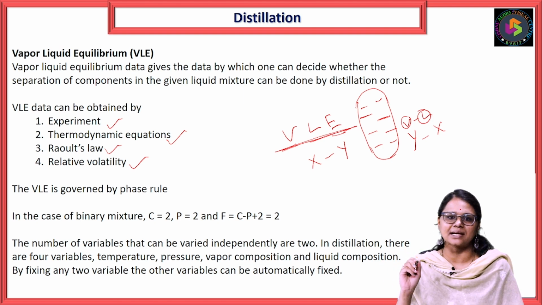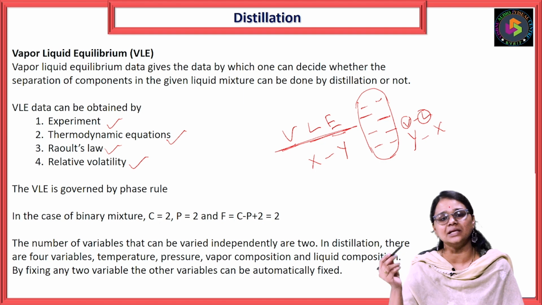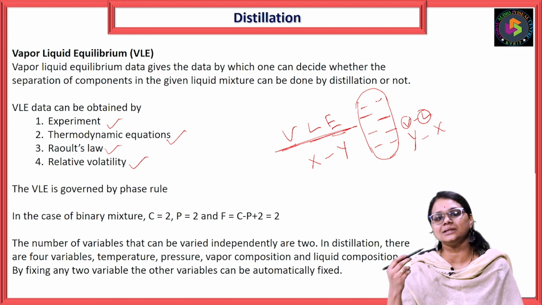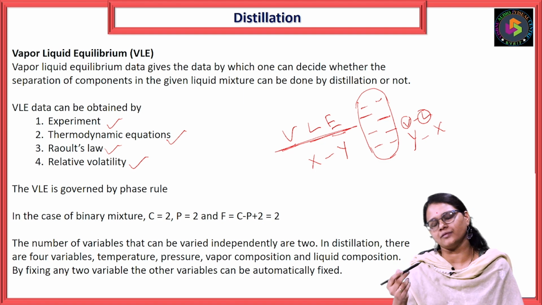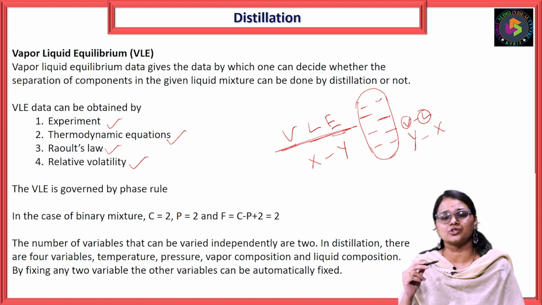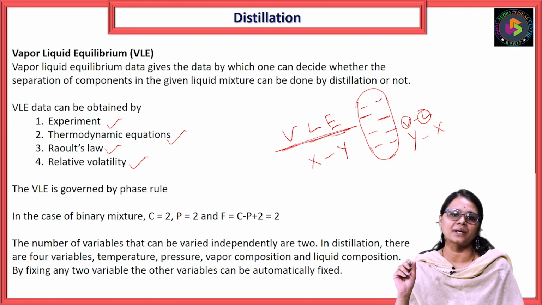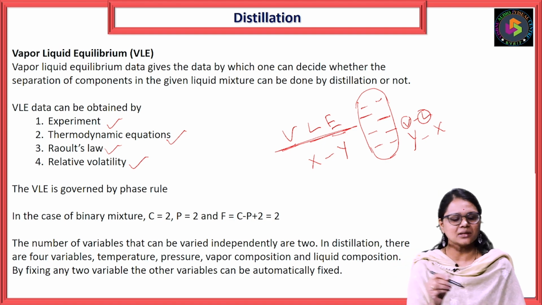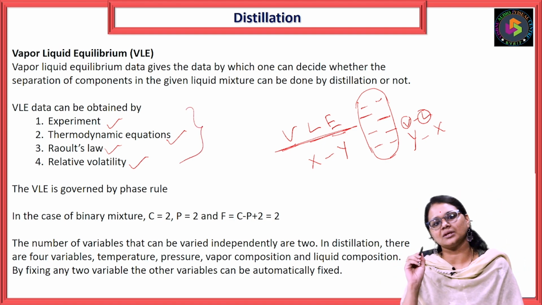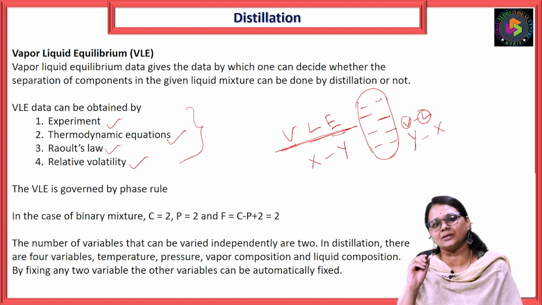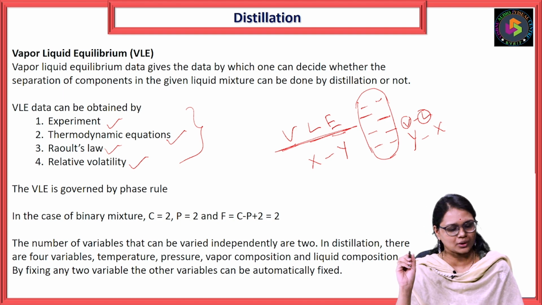For a simple understanding, the higher the relative volatility, the better the distillation. So when you are trying to understand how to separate an unknown mixture, these are the 4 properties you can analyze, so that we can better understand whether we can go with distillation or not.